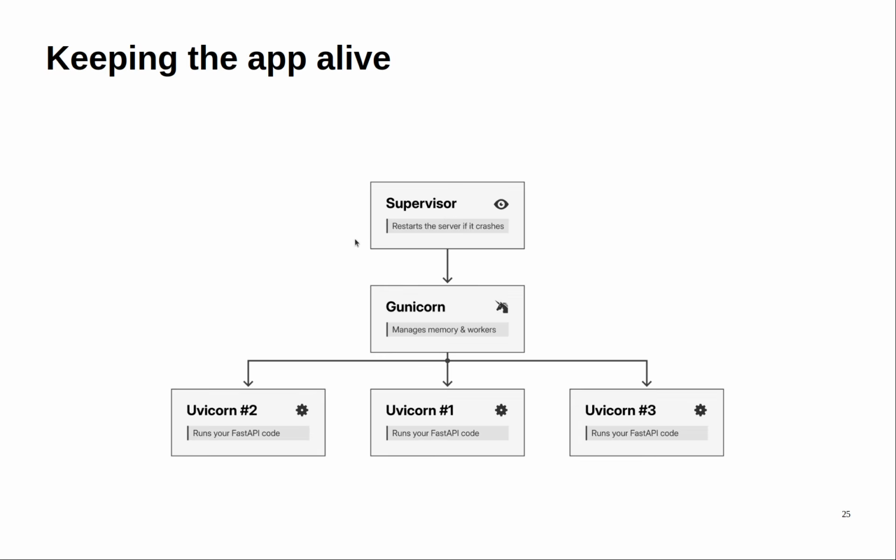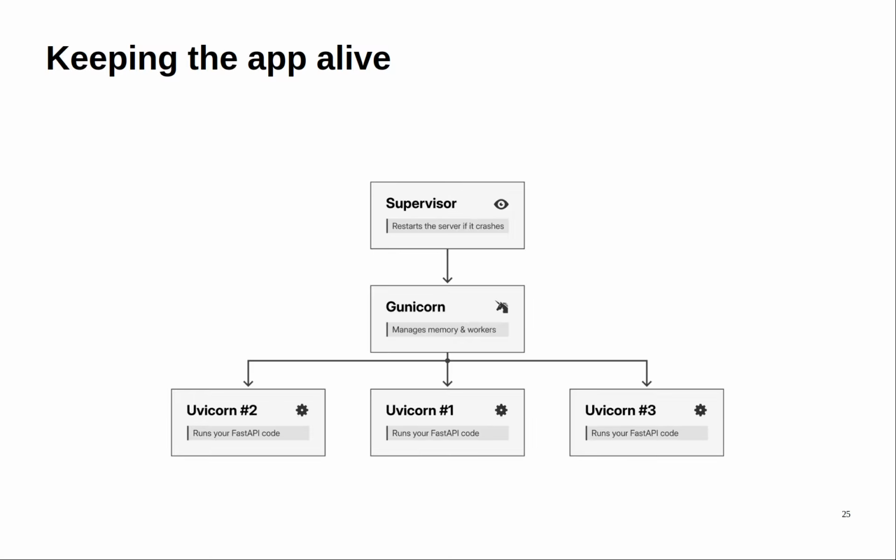Above that, we have the supervisor, or we can also call it watchdog. In engineering, this term means a hardware component that basically will hit the reset button if the system freezes for some reason. Let's say that something bad is happening, Gunicorn is not doing good, the Uvicorn workers are also crashing.